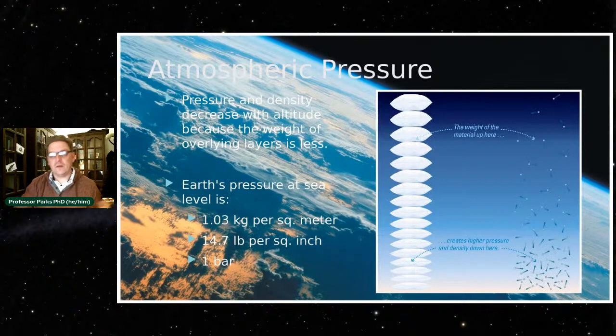Now, with the Earth, the container, as it were, is in fact the planet's gravity. The planet's gravity is what's keeping that gas localized around the Earth.